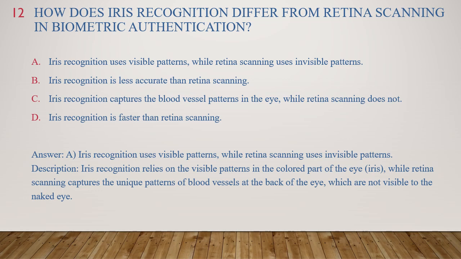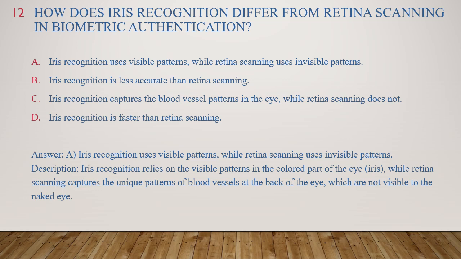One key distinction between iris recognition and retina scanning is the visibility of the patterns they use for identification. Iris recognition relies on the easily visible patterns in the iris, while retina scanning utilizes the intricate and invisible patterns of blood vessels in the retina.